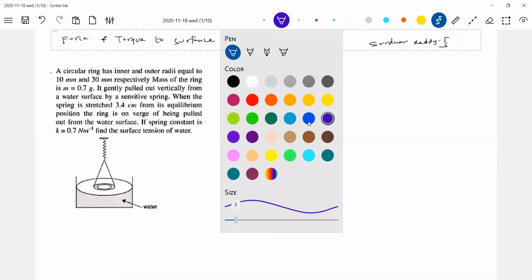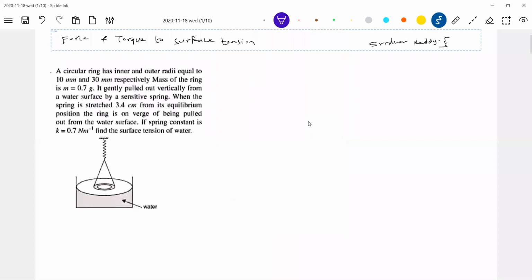Draw the diagram immediately. Don't look at pen and paper first; draw the diagram. Later on, I'll come into the picture.